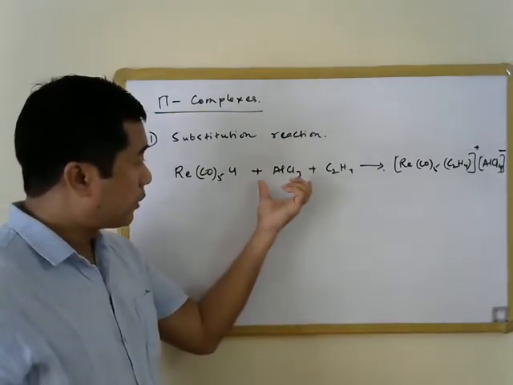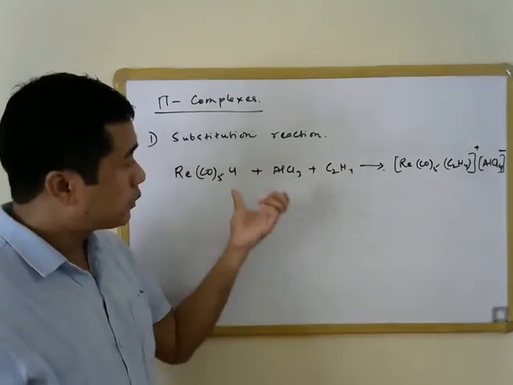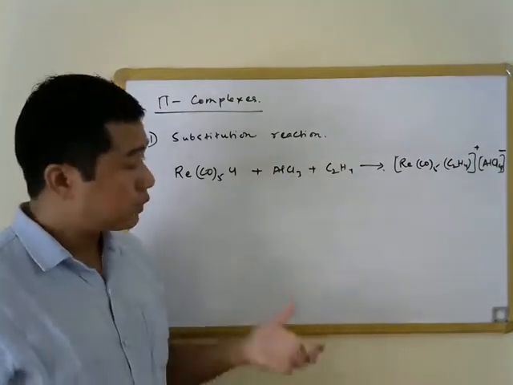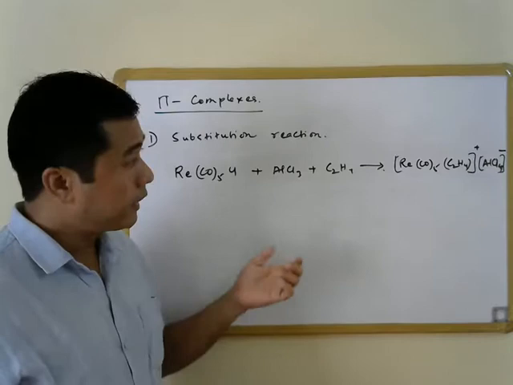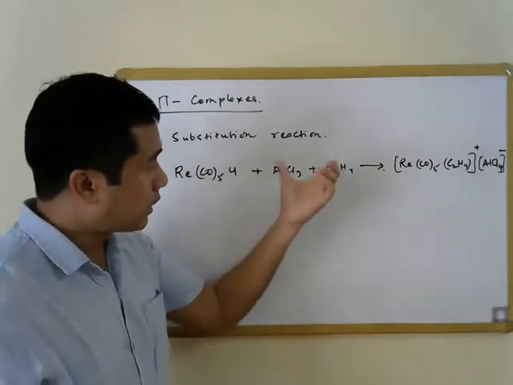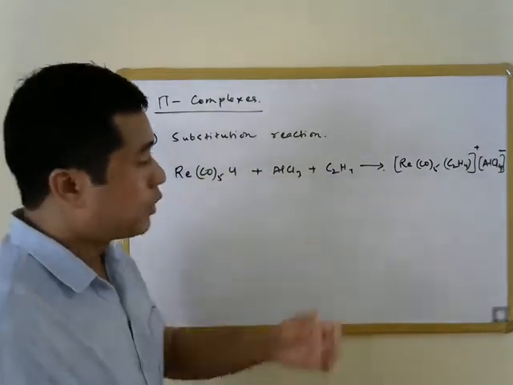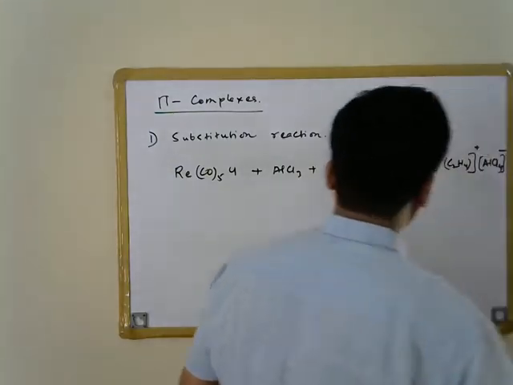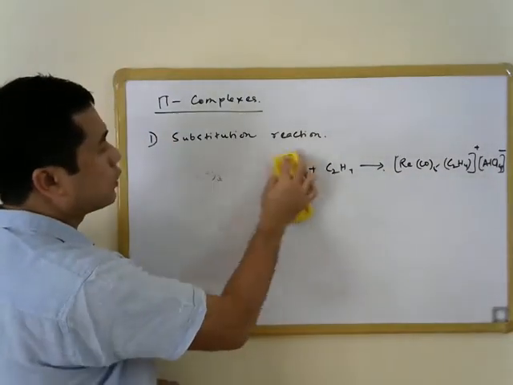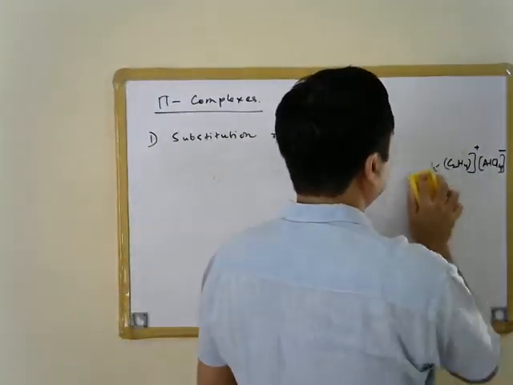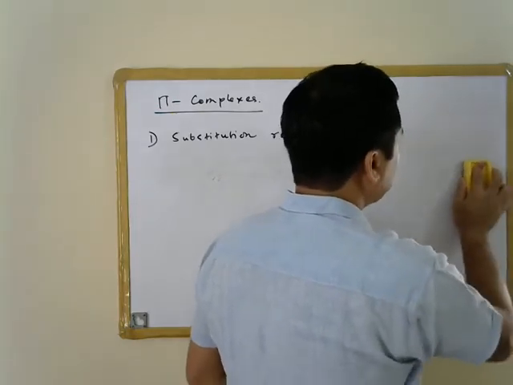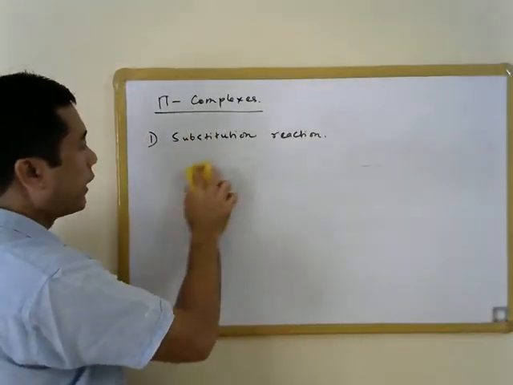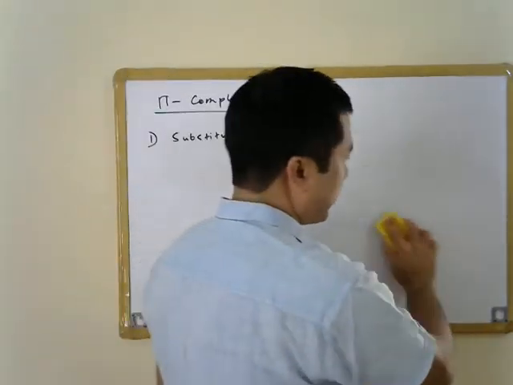When AlCl3 is present, it assists us to remove the halide ligand and then substitute it with ethylene to give such metal olefin complexes.